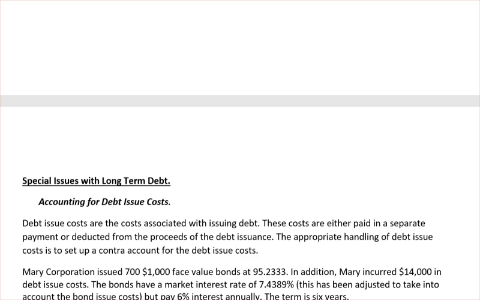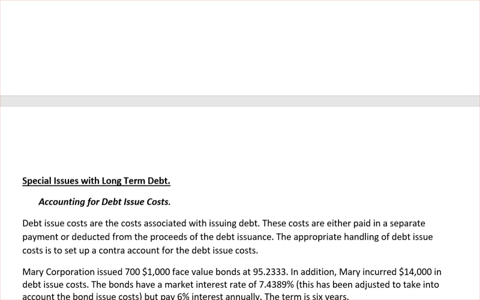And you say, well, how in the world am I going to work this problem? Well, you're going to start out with an initial book value which reflects the discount, which should also include the 14,000. So the 14,000 should be included in the discount.